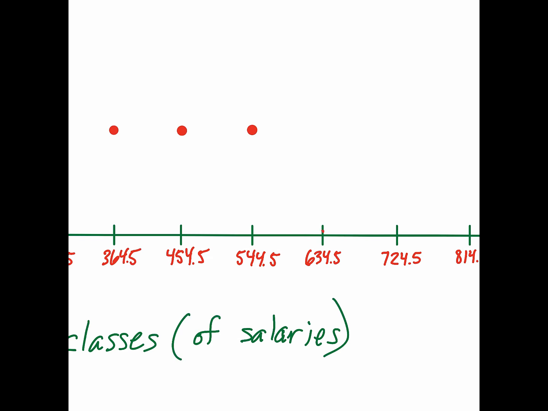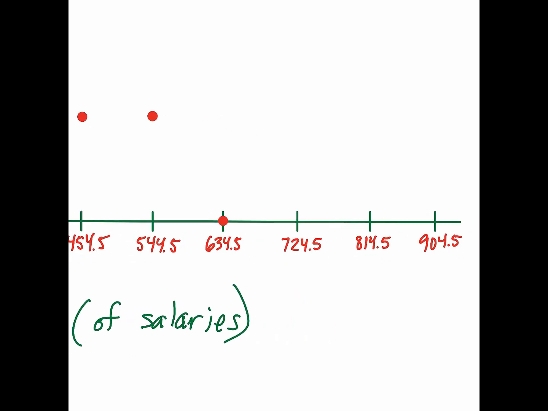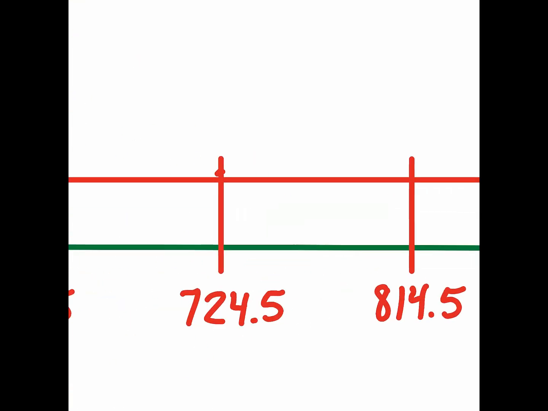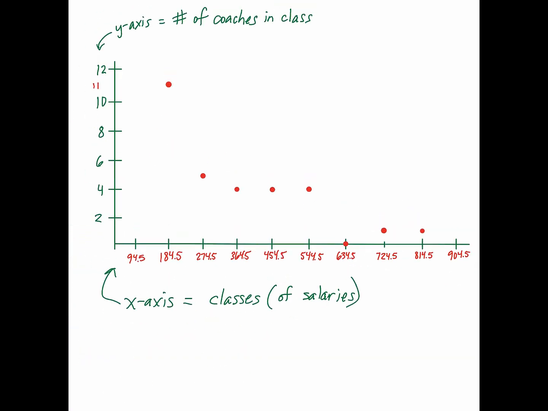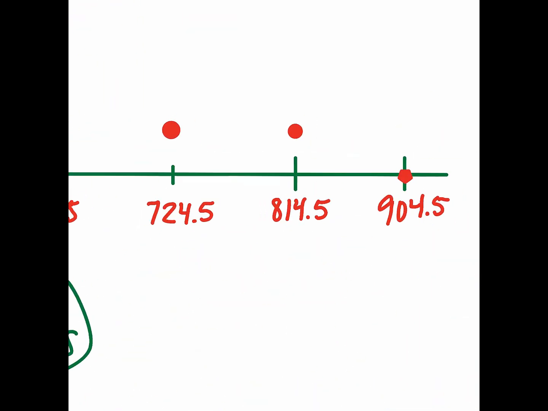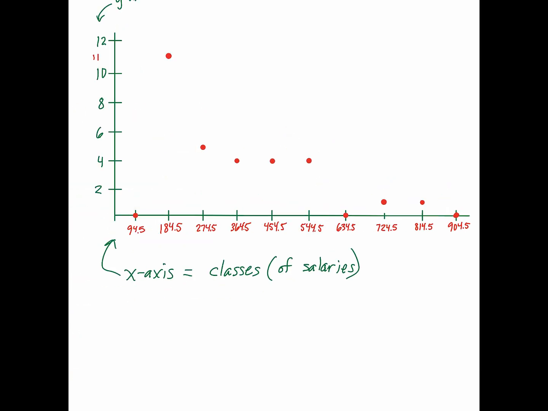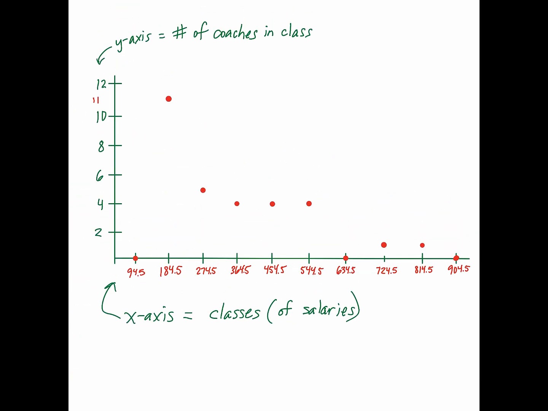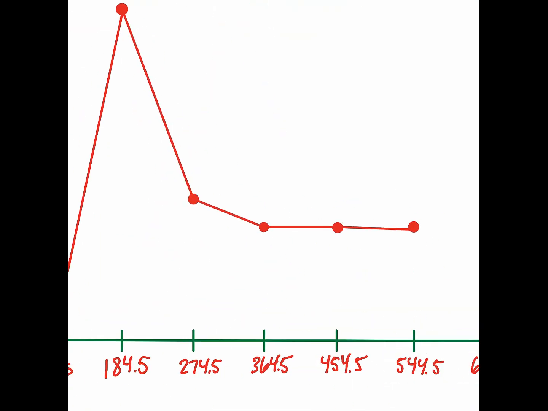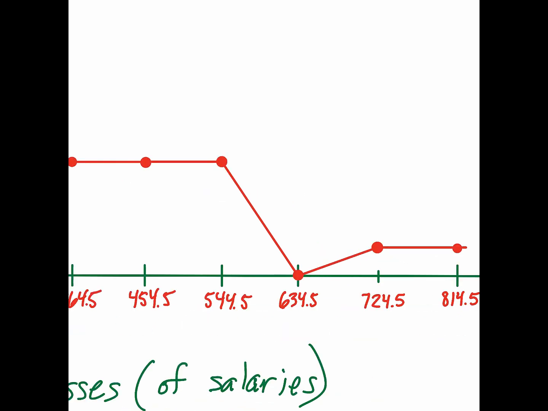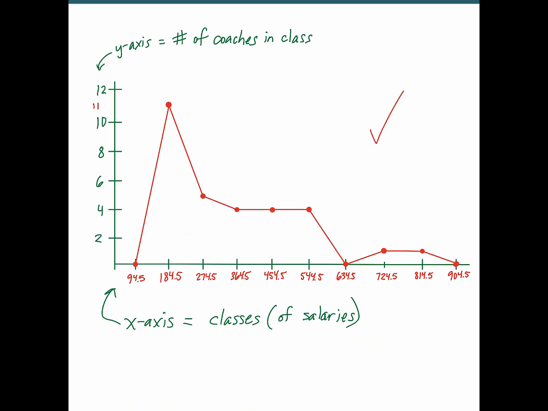The next midpoint is a height of 0. And the last 2 midpoints have a height of 1. Now at these endpoints, at the 94.5 and the 904.5, we're just going to place a height of 0. Now finally, we connect these dots to create our frequency polygon. And there we have our frequency polygon.